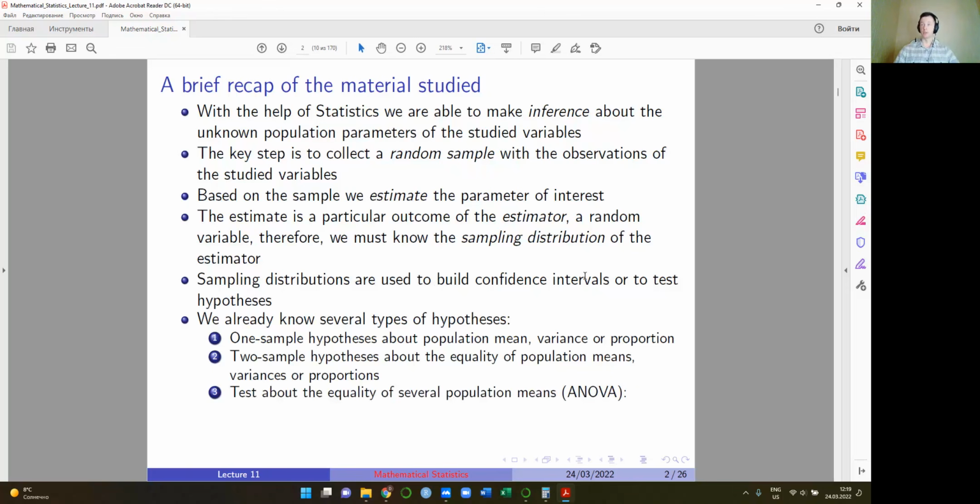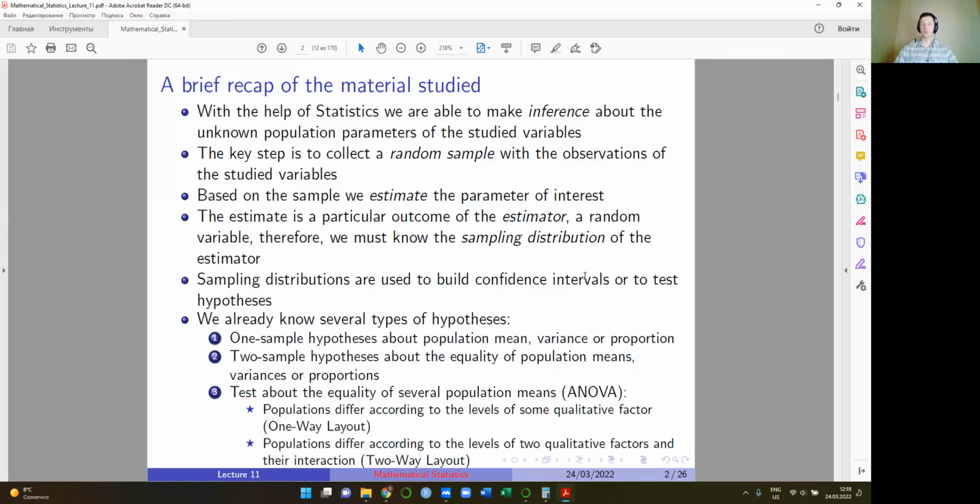ANOVA. So every population is represented as the different interaction of levels of two factors, or if it's one-way ANOVA, just different levels of a given factor. So yes, populations differ according to the level of some qualitative factor, or populations differ according to the levels of two qualitative factors and their interaction.